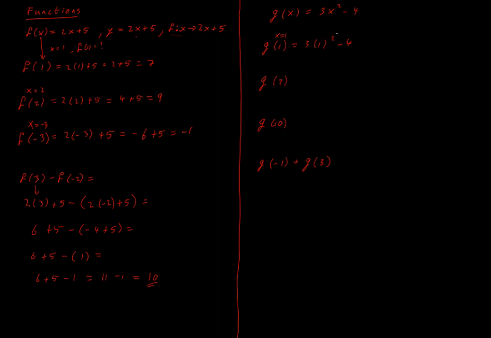I have 3 multiplied by 1 squared. Again, I can put this into the calculator. 1 squared is 1, minus 4. 3 minus 4 is equal to minus 1. So g of 1, I should say, is minus 1.